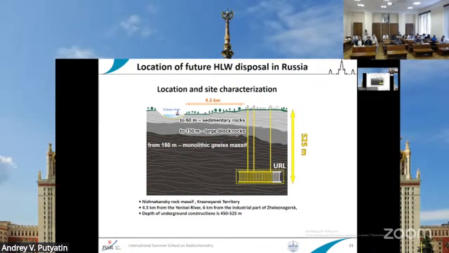The first layer will be at a depth of 450 meters, and there are 75 meters between these two layers. In these 75 meters, there are wells between the two layers, where the casks or canisters with the radioactive waste will be placed on top of each other.